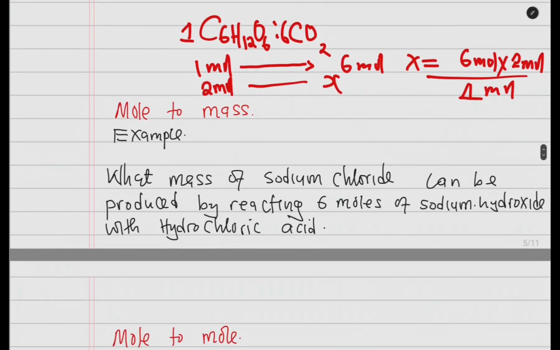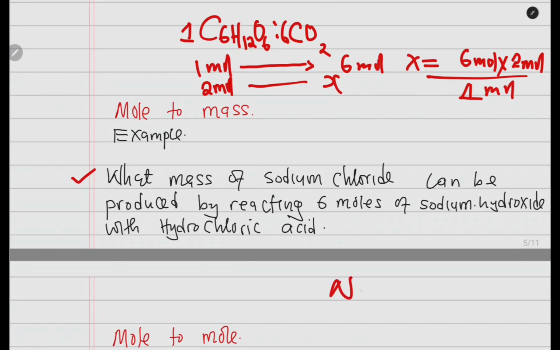So one way you find the mass is using what we call mole to mass. How does it work? So let us look at an example. What mass of sodium chloride can be produced by reacting 6 moles of sodium hydroxide with hydrochloric acid? So what we want to find is the mass of sodium chloride.